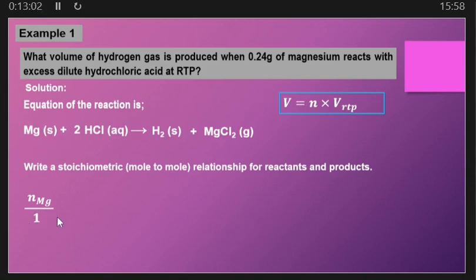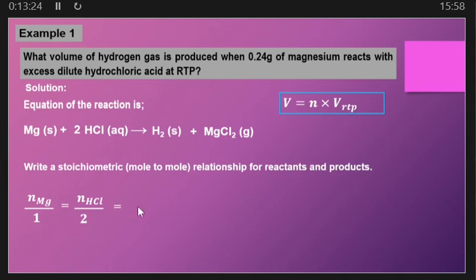Then we say equals, then we'll say number of moles of hydrochloric acid over 2, because since we have 2 here in front of hydrochloric acid, it means we have 2 moles of hydrochloric acid.